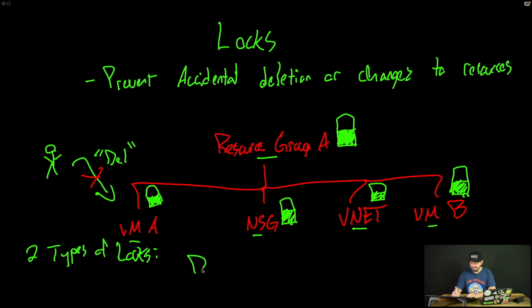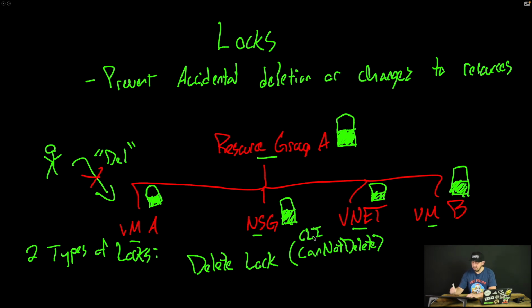First type of lock is a delete lock. And in parentheses, I'm going to put CanNotDelete, all one word. This is how it would be written in the command line interface sometimes. So if you use the Azure CLI, you can see it written as CanNotDelete, all one word. So that's why I put that there.